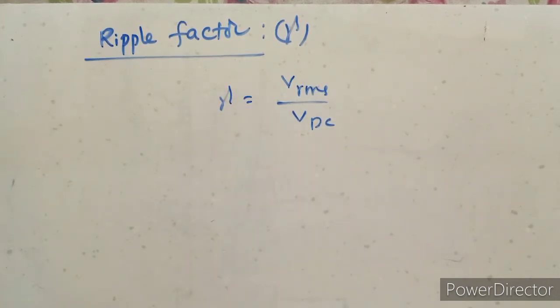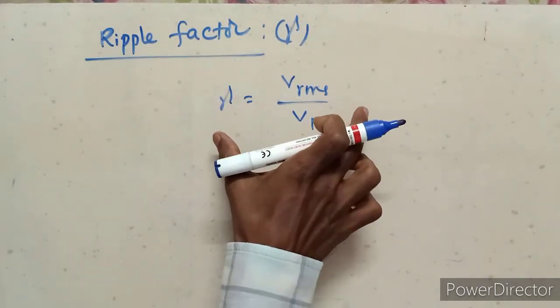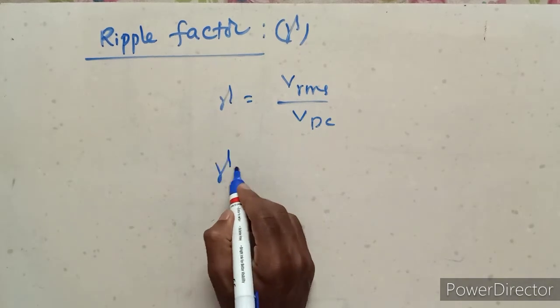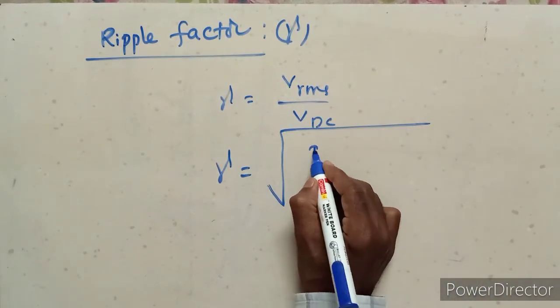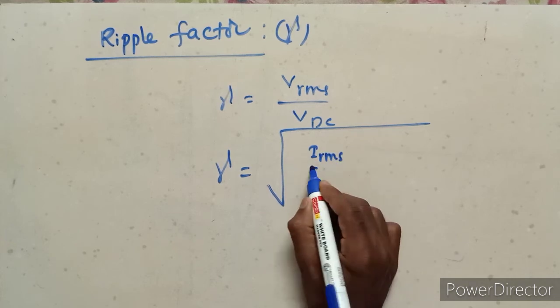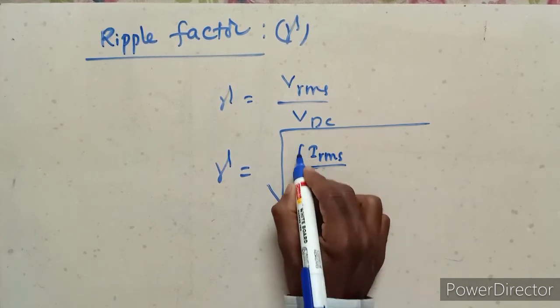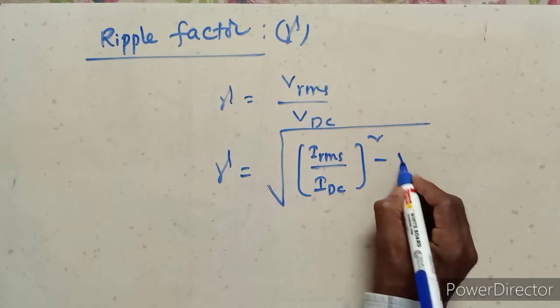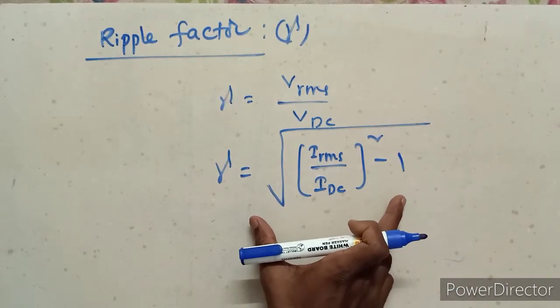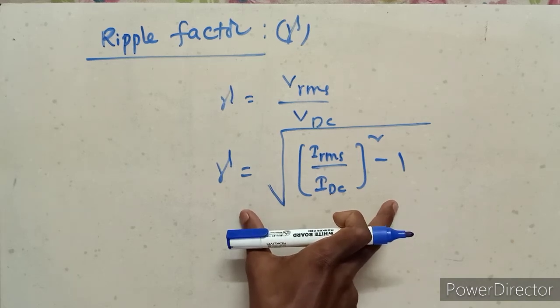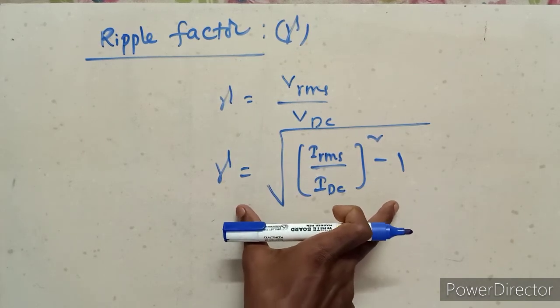This equation can be written as eta equals under root of I RMS upon IDC whole square minus 1. Already we know the same terms and equations from the half wave rectifier formulas.